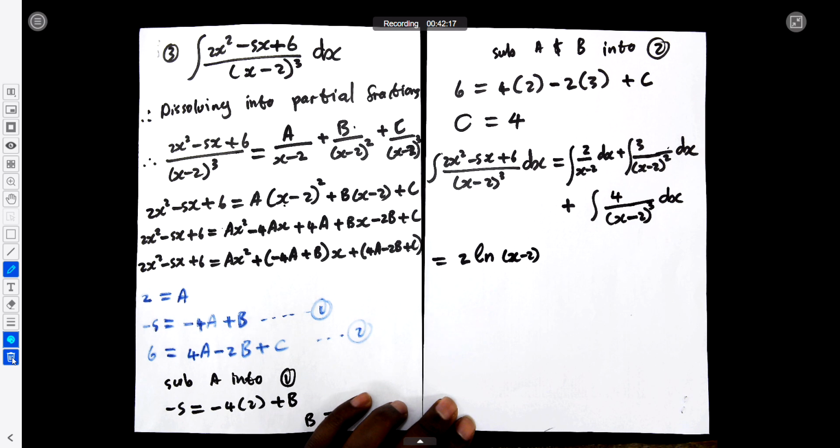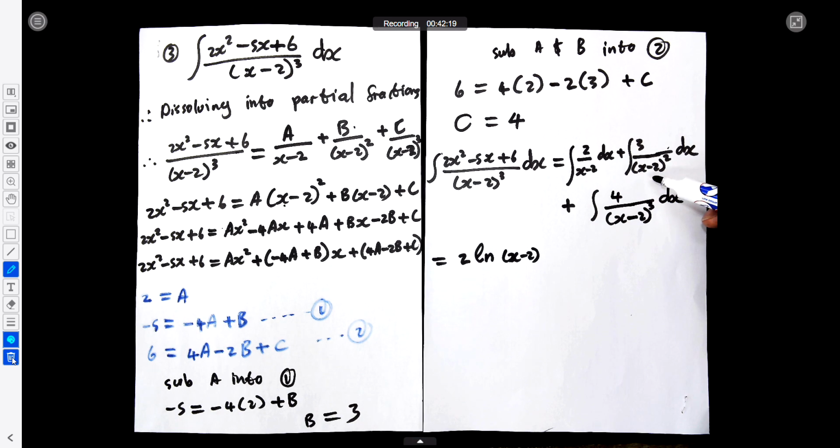Now let us inspect the second one: 3 over (x minus 2) to the power of 2. I hope you see this is a square bracket, and we have a constant in the numerator. We have to try and figure out what we differentiated. We have 1 over (x minus 2) to the power of 2.